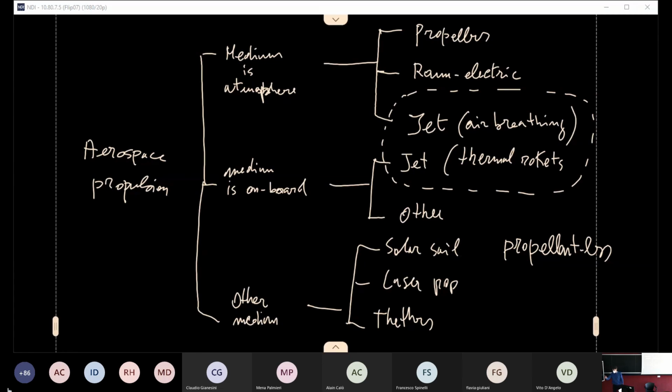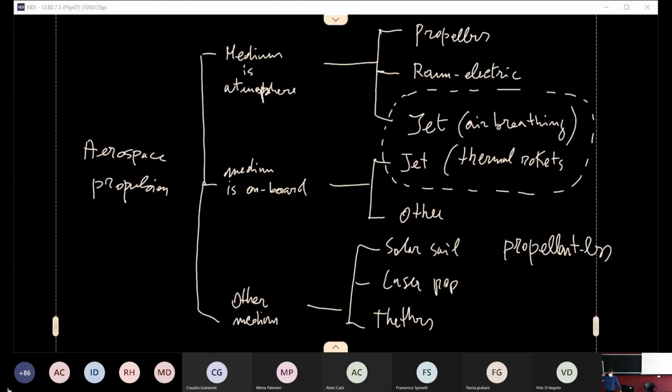Of course we have, and probably you better know, the turbojet and turbofan that allow us to fly at not so high velocities for the common atmospheric flight.